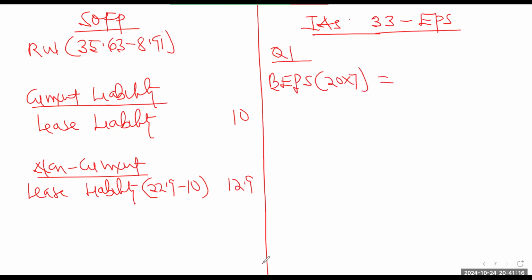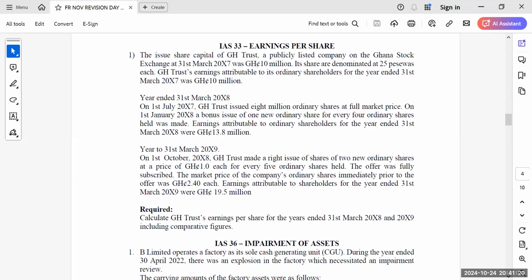In 2x7, there is no issue at full market value. There is no rights issue or anything. It was just the shares at the beginning and the same as the shares at the end. What was the profit made for that particular year? 10 million, isn't it? Yes, sir. So we have 10 million.